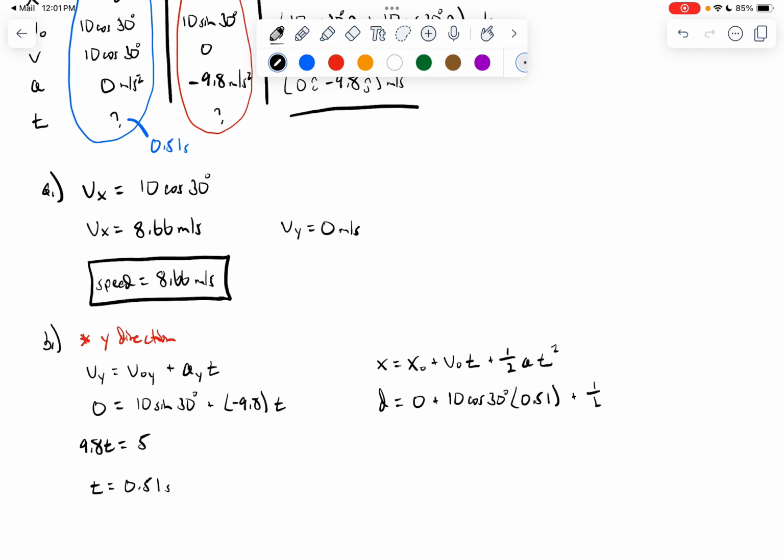Just add to our 1/2 times our acceleration, which is 0, multiplied by our 0.51 seconds squared. Again, that last 1/2 a t squared term just cancels out. So when we multiply our 10 cosine 30 degrees by our 0.51, that's going to give us a total distance traveled of 4.42 meters.